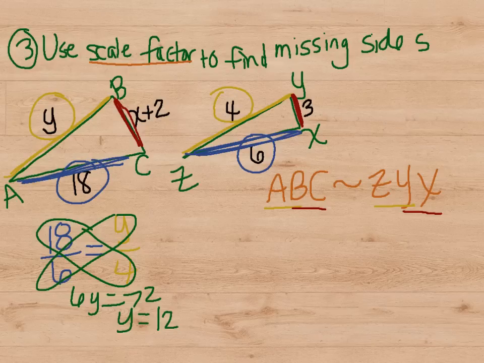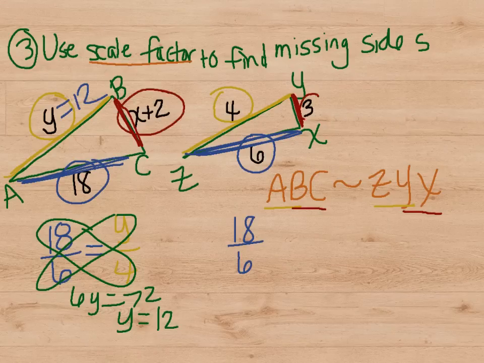Okay, now to get x, you'll do the same thing. I personally would go ahead and choose the 18 over 6 again because that's the one that I know. Now you could plug the y in here and make it 12 over 4, but I'm going to stick with the 18 over 6. Then you put the x plus 2 over 3, because again they're a ratio, and they match up, and then you make that proportion.